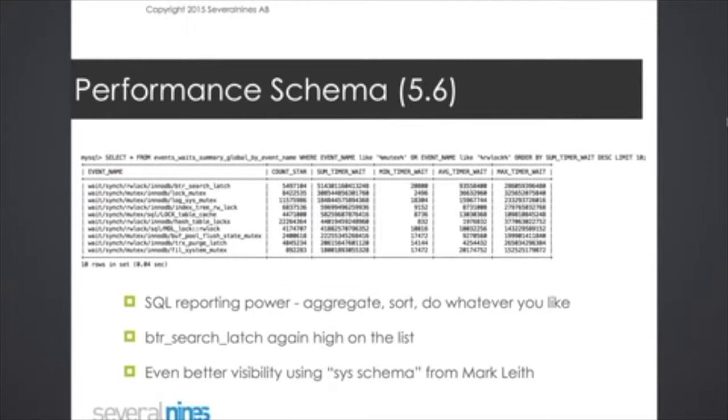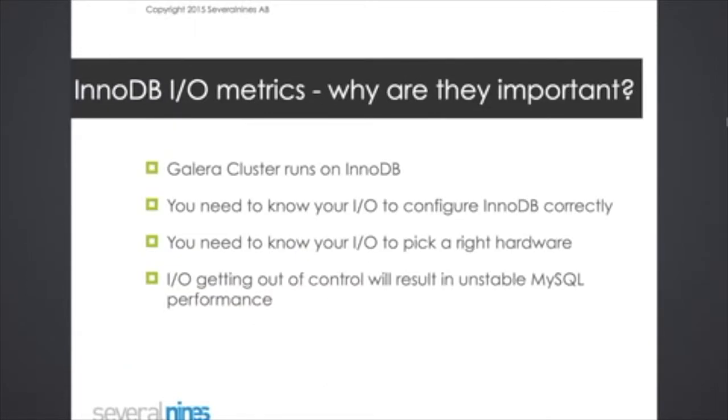Again, if you take a look at the results, the btr search array is on top. So definitely there is some contention here that I should be looking at. And then you can install the sys schema from Mark Leith that gives you even better visibility into what's going on.